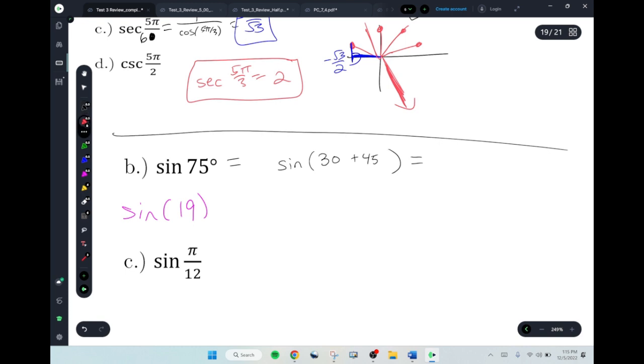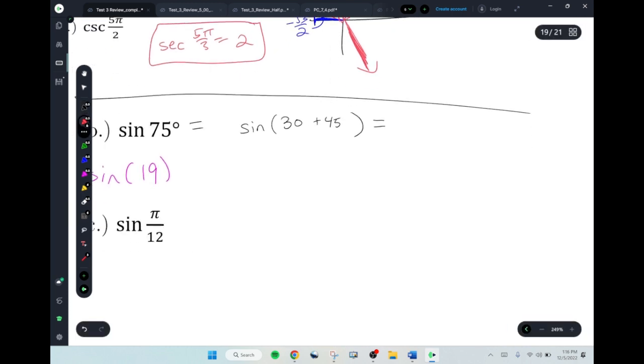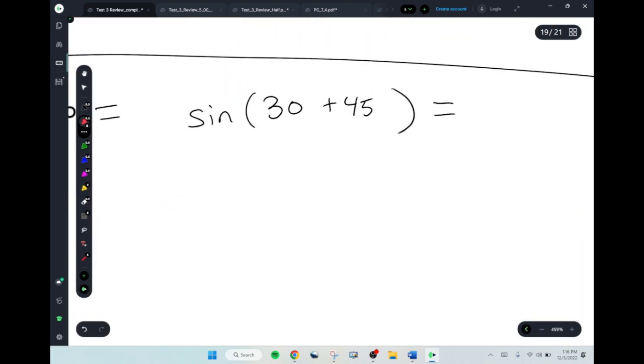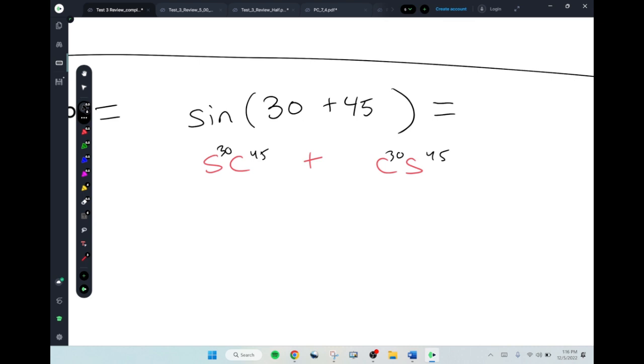And then we apply the formula from there. For sine, you go sine, cosine, cosine, sine, plus, then you fill it in with 30, 45, 30, 45. If you're not a shorthand person, that's okay.